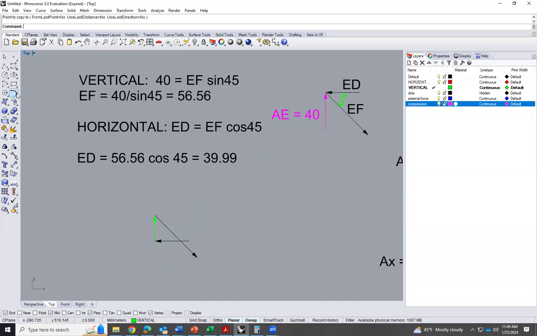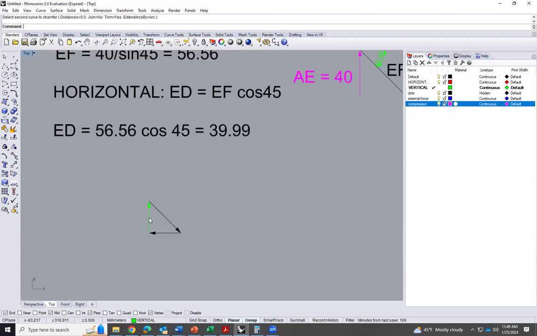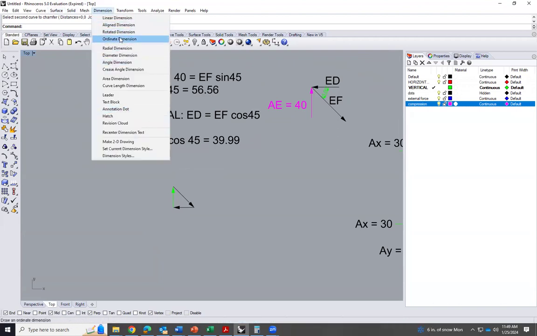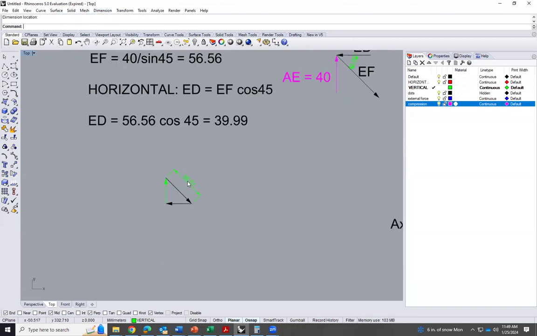So this one and that one, this has to be 40. EF has to be something close to 56.56, and this should be something close to 40 or 39.9. So let's use dimension. 56.57 and 39.99.